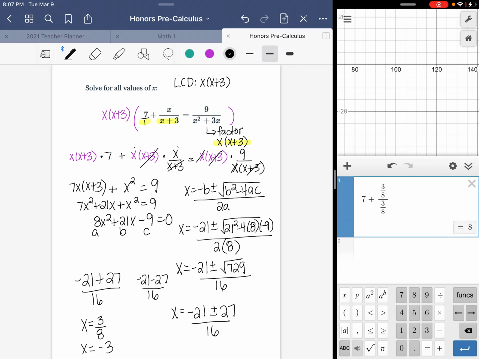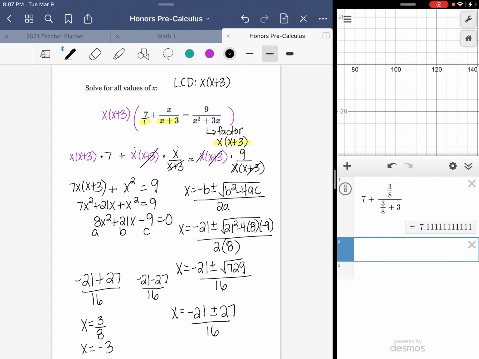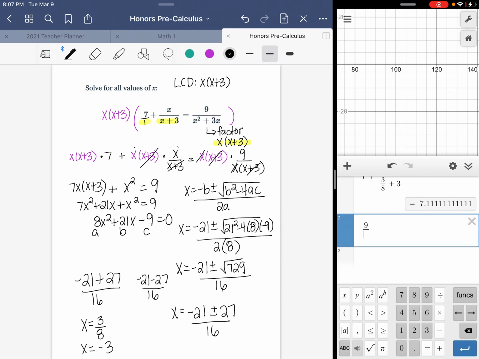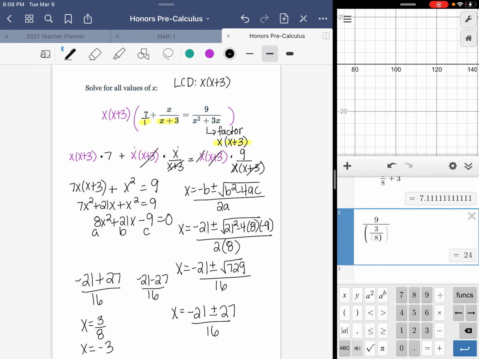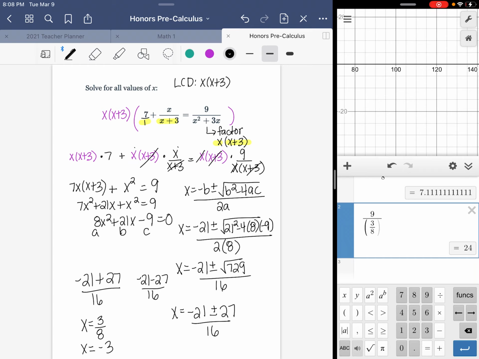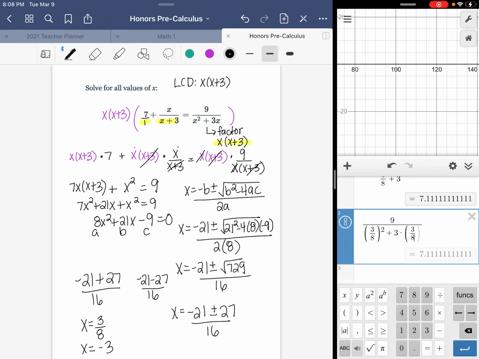And we're going to have 3/8 again, plus 3. And that should equal the other side, so 9 divided by 3/8 squared. Let me make sure I get this properly. Set it up, and same thing when you're setting it up, plus 3 times 3/8. And that does equal, so the correct answer is only going to be the 3 over 8.